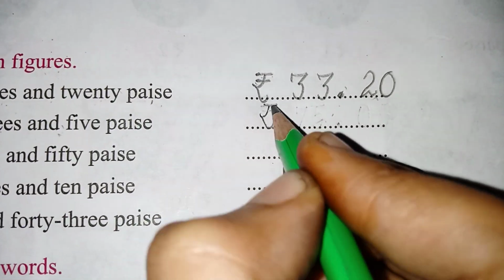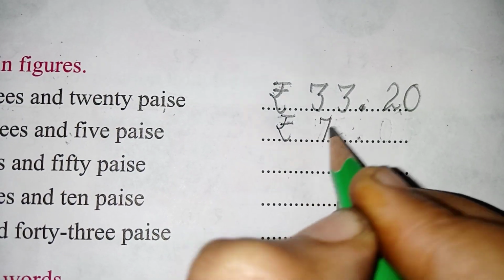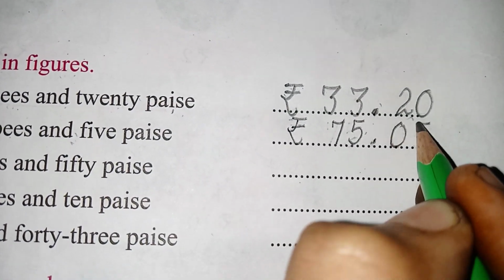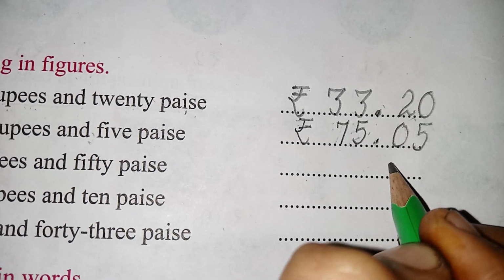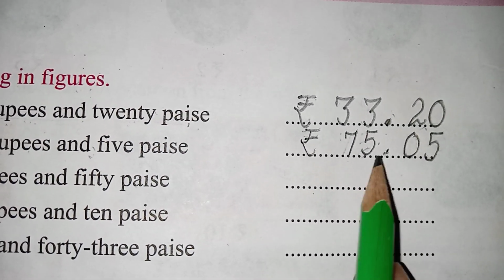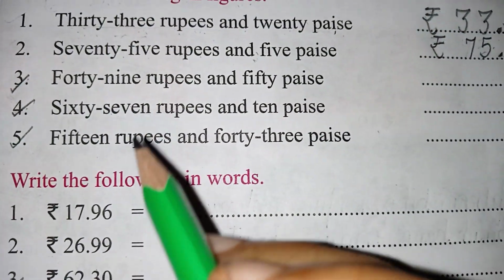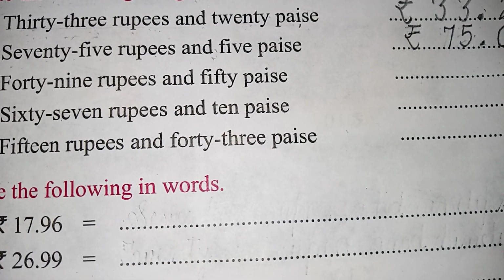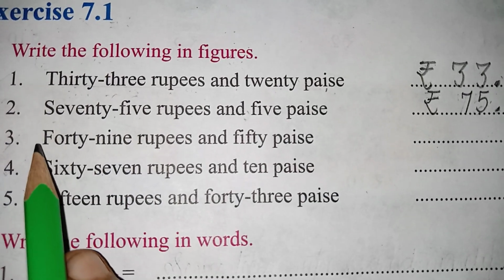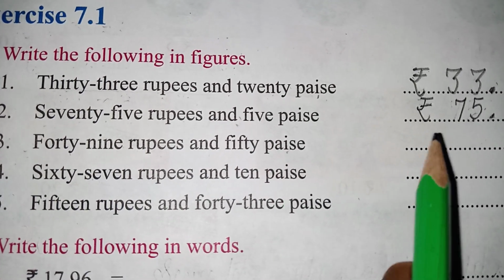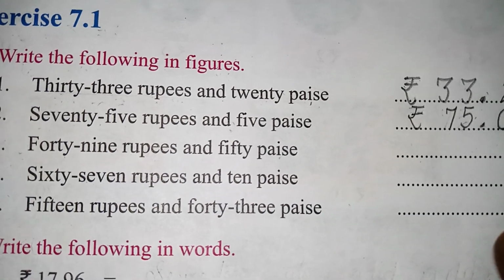Now next, 75 rupees and 5 paise we have to write in figure. The symbol of rupees 75.05. Rupees 75.05. Now question 3, 49 rupees and 50 paise we have to write in figure.